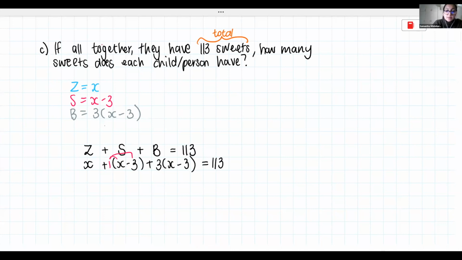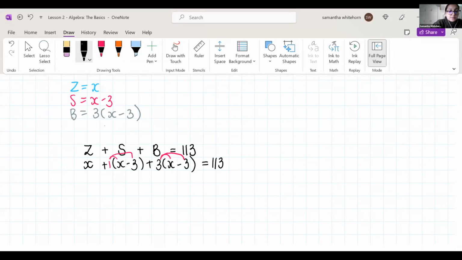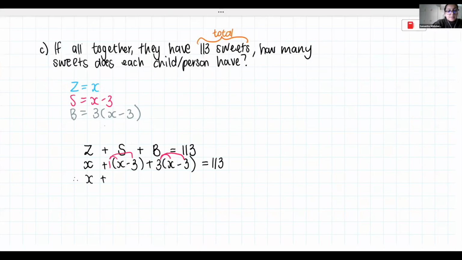What is going to happen, though, in this third term is we need to distribute the 3 into the bracket. So our expression on the left-hand side is going to be x plus (x minus 3) plus 3x minus 9. 3 times x is 3x, 3 times -3 is -9.